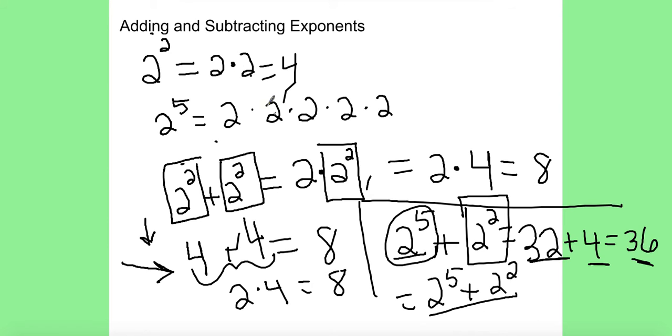Now, what do I mean? Well, if we have an object that's not a number, so let's say we have x squared plus x squared. Well, x is an unknown. X is a mystery number.